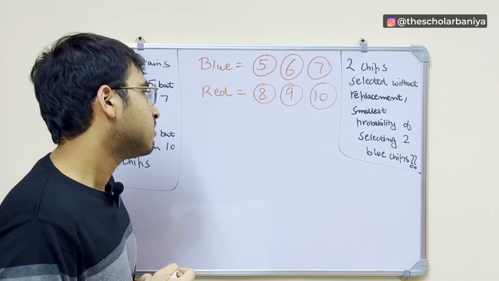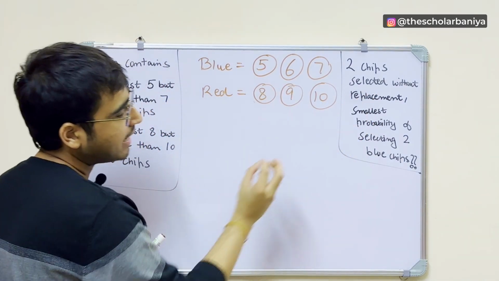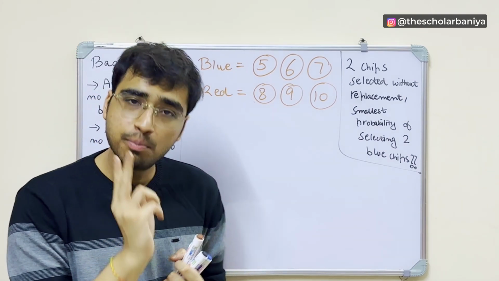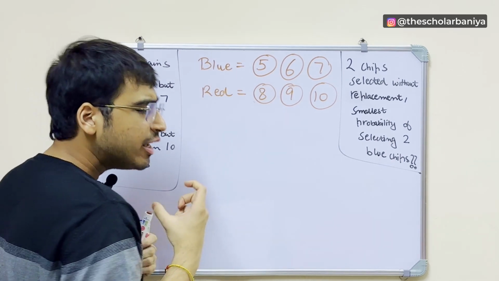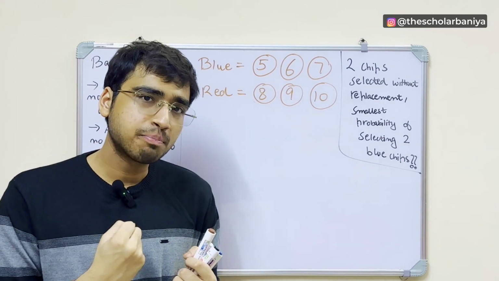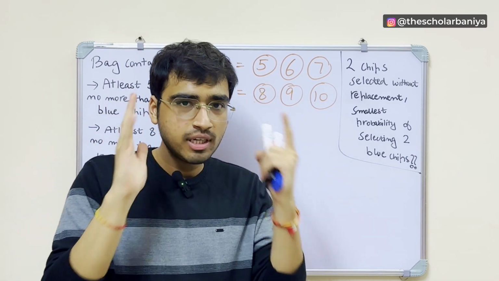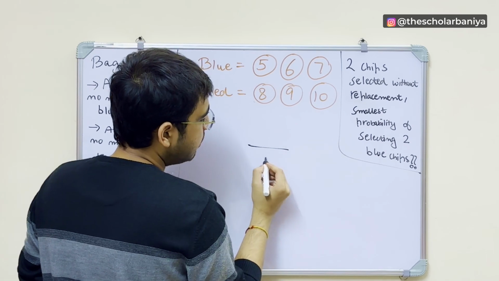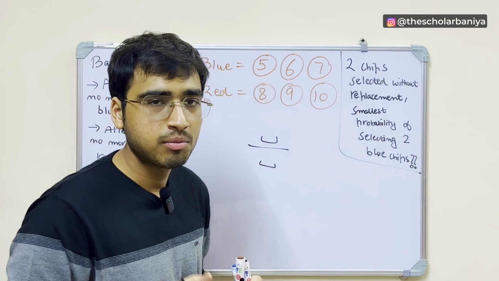Now tell me one thing, right? We select 2 chips without replacement and we have to find the smallest probability of selecting 2 blue chips. If you think from a normal point of view, in probability there are 2 terms, one over here and one over here, and when you divide, you get the probability.